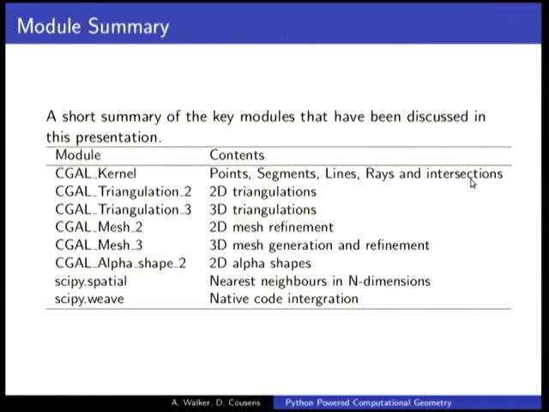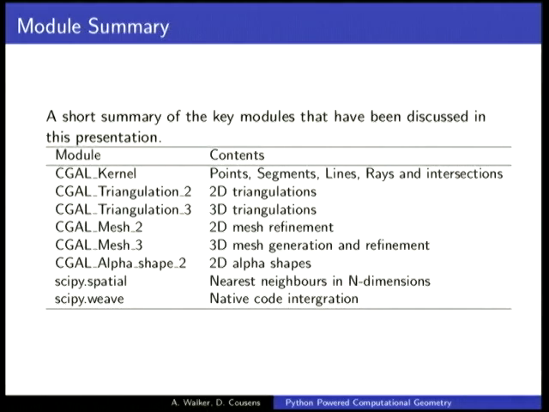So we've talked about an awful lot of different packages inside Seagull and inside SciPy. So I just wanted to present a summary slide to remind people of where we've been. If you're looking for basic intersection tests, you're looking for Seagull kernel. If you're looking to do triangulations in 2 and 3 dimensions, there's triangulation packages, there's mesh refinement packages.